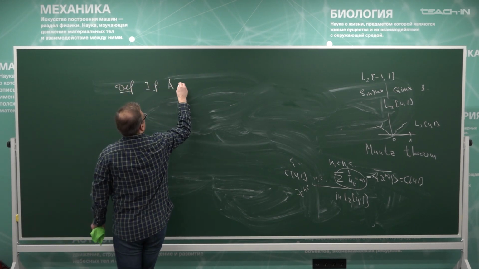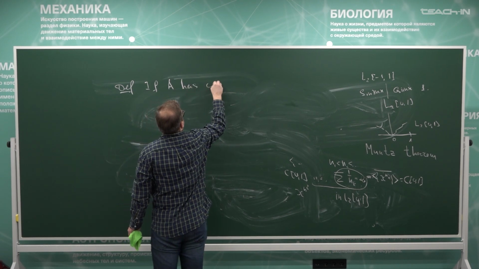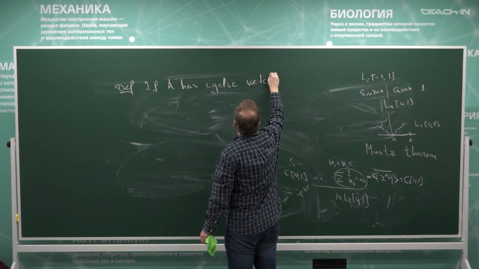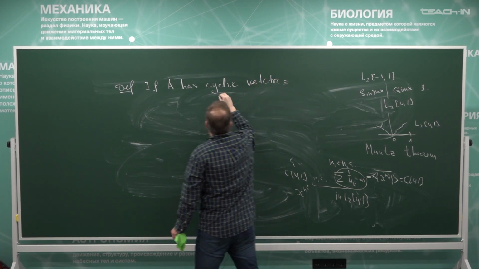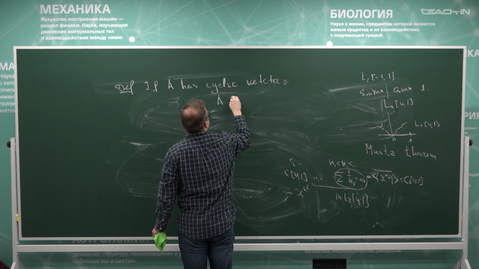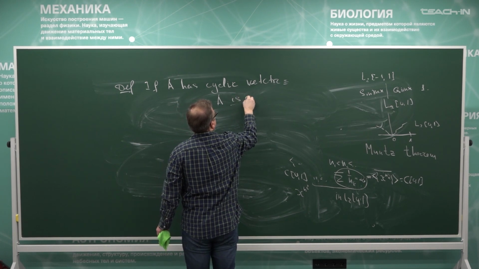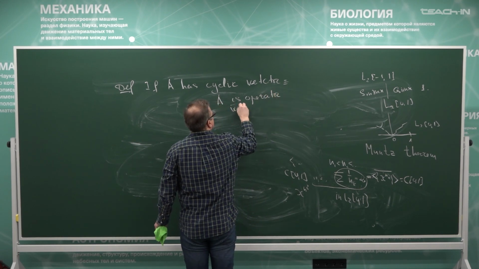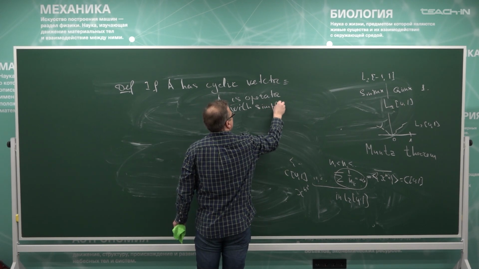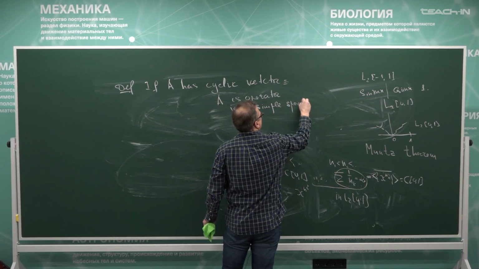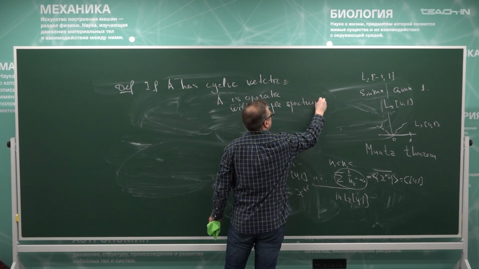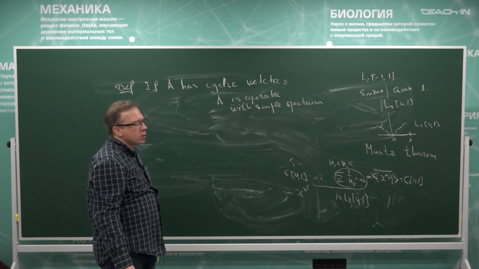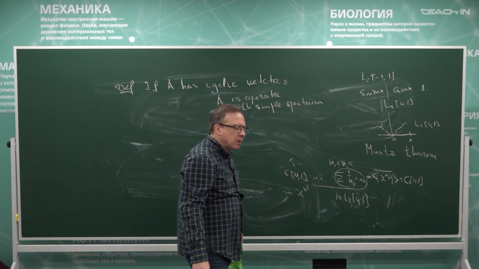If A has a cyclic vector, A is an operator with simple spectrum, a so-called simple spectrum, without multiplicity.